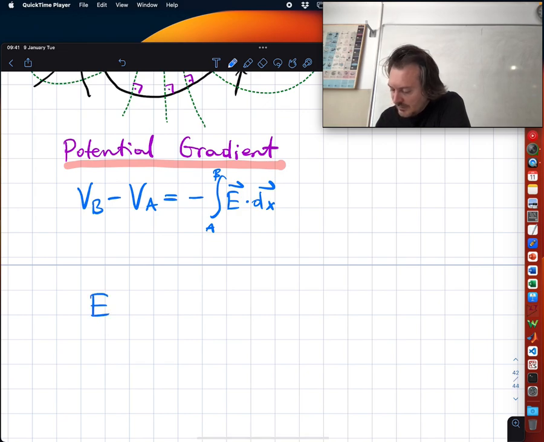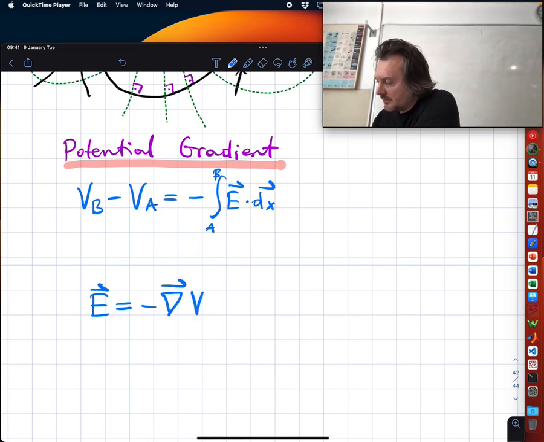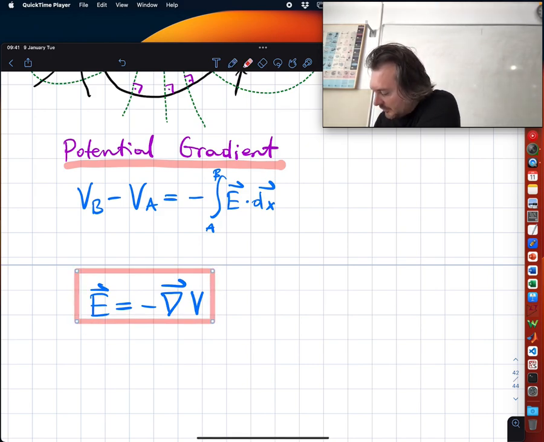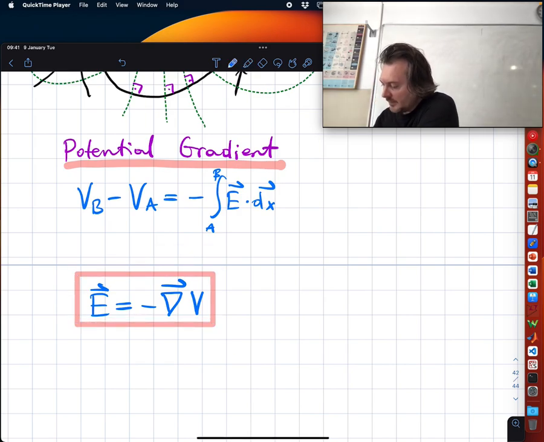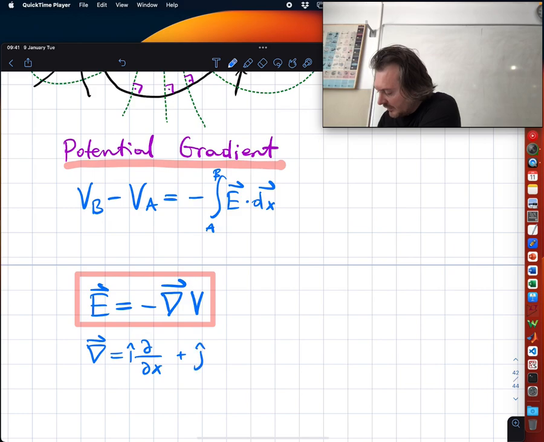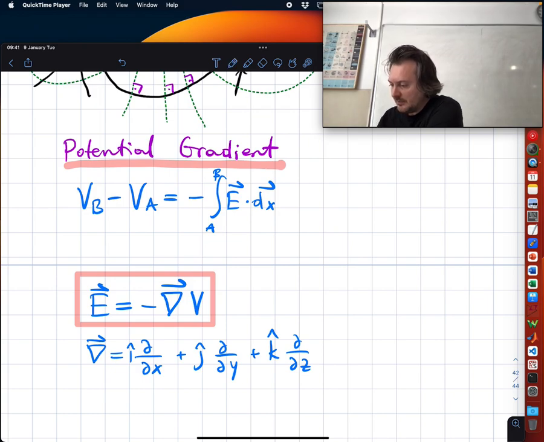Here's how you do it. Electric field is the negative gradient of the potential. I will explain what this funny looking triangle means, but you might already know what it means. This gradient means del over del x in the i direction plus del over del y in the j direction, and plus k del over del z. You can see that these parts seem to be incomplete.